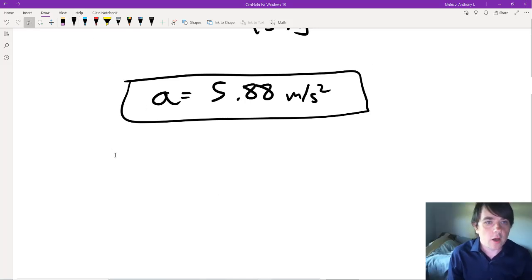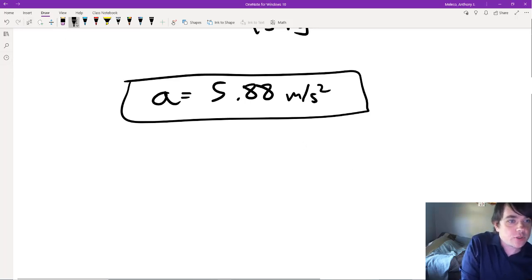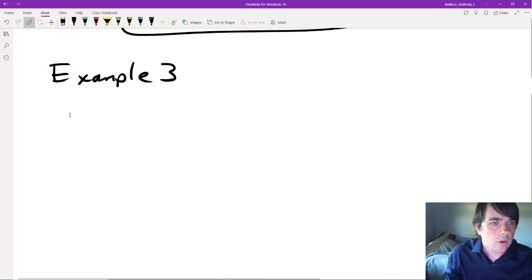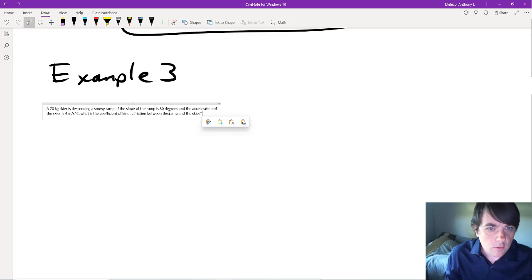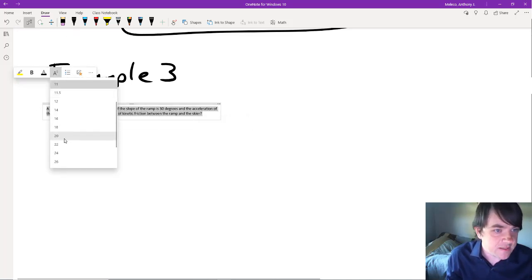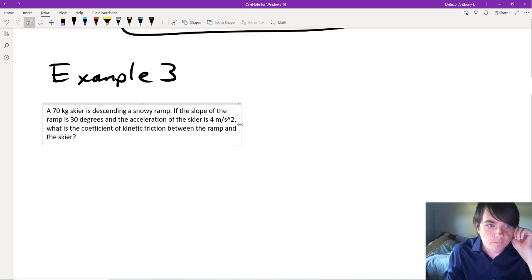Now we're going to do our last example, and the last example I'm going to show you for forces. Call it example 3. This is going to be a revisit of the inclined plane problem.